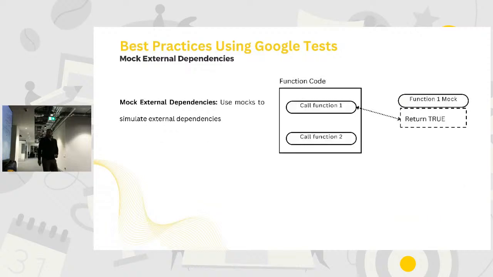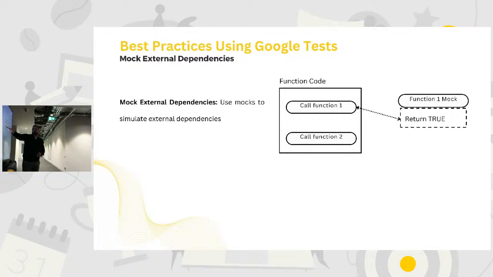Okay? Next, mock external dependencies. It means that when we are testing a function that is using functions from other modules or components, we will mock them. For example, look at this function that is calling function 1. Of course, I will not validate that function because my scope is this and not that.